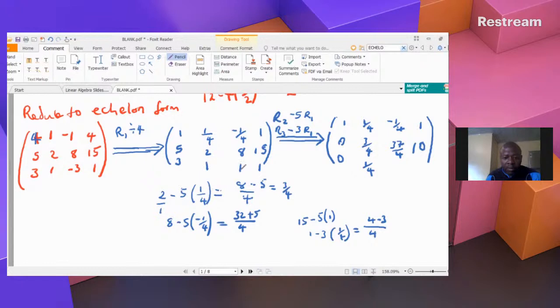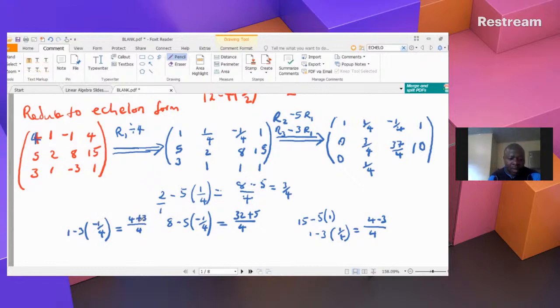What about this one? It's 1 minus 3 multiplied by the element in row 1, which is negative a quarter. The LCM there is 4, and this minus times minus will be positive 3.